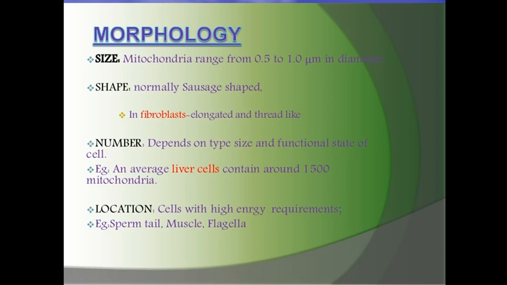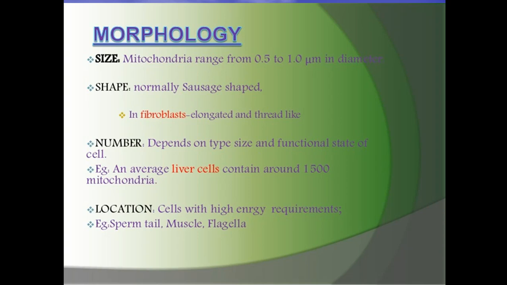If you look into the morphology, mitochondrial size is 0.5 to 1 micron in diameter, and mostly so, but only in fibroblast cells it is elongated and thread-like.